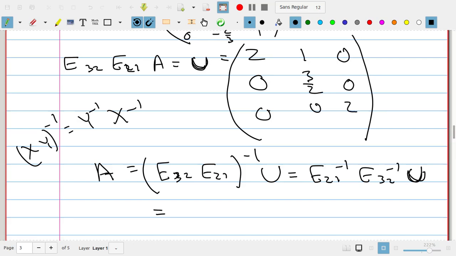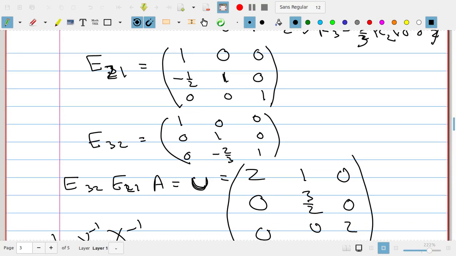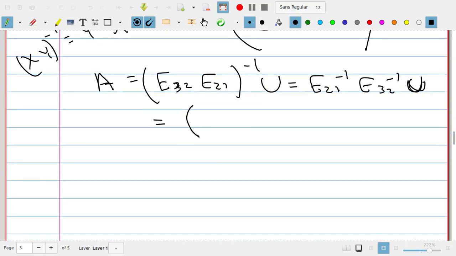Now, E21 inverse. What is E21 inverse? What is E21? E21 is this matrix, 1, 0, 0. So E21 inverse is a matrix that corresponds to the inverse elementary row transformation: 1, 0, 0, half, 1, 0, 0, 0, 1.